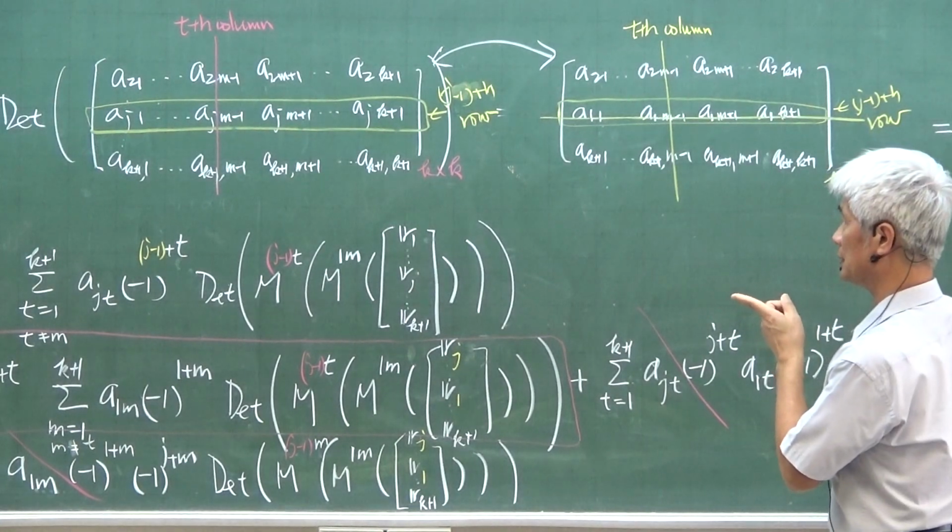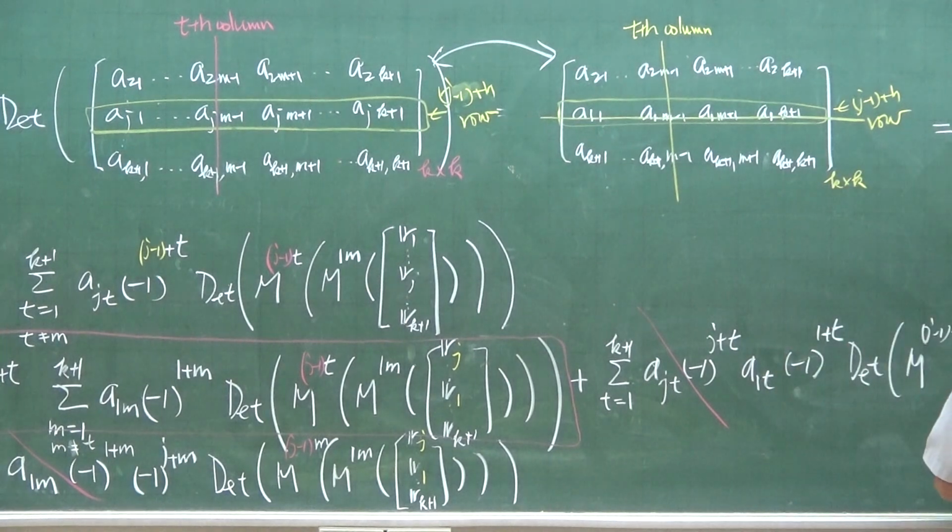So here will be, okay, 1 plus t, summation m from 1 to k plus 1, but m not equal to t, right?